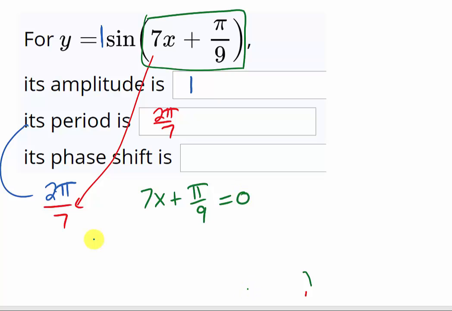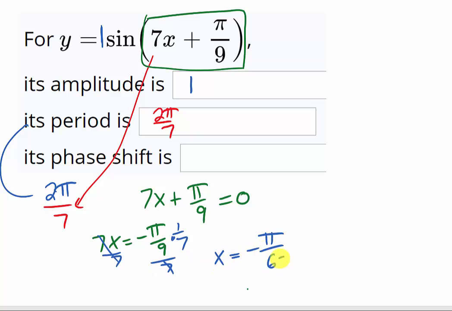So let's go ahead and move the pi over 9, so it's negative pi over 9, and then we're going to divide both sides by 7, which is just the same as multiplying by 1/7, and so x is going to be negative pi over 63. So our phase shift is negative pi over 63, an interesting phase shift.